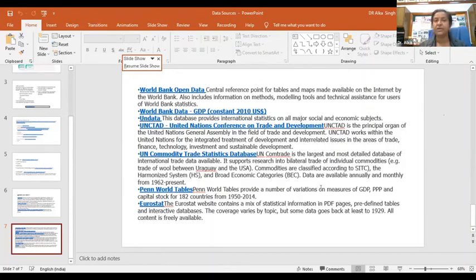Those who are interested in trade-related research issues can very well go for that, and very reliable data sets are there. Of course, some localized data sets like Penn World Tables are there on some 182 countries on certain variables, and Eurostat basically for European countries. So these are some localized data sets.